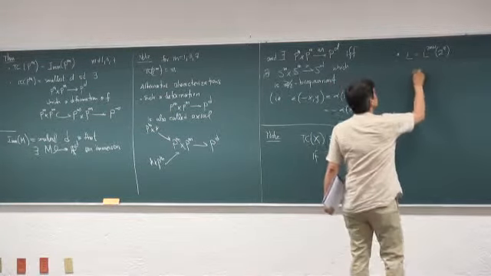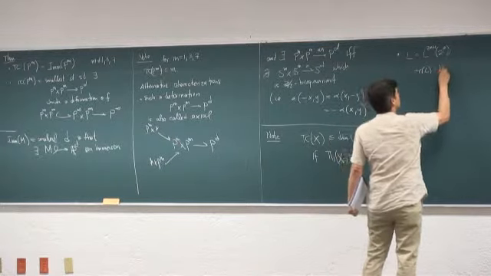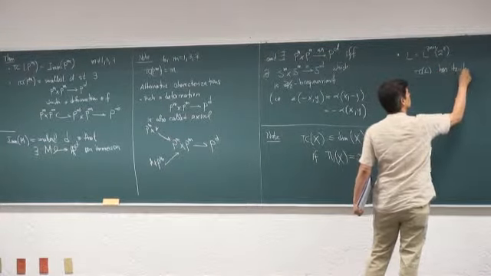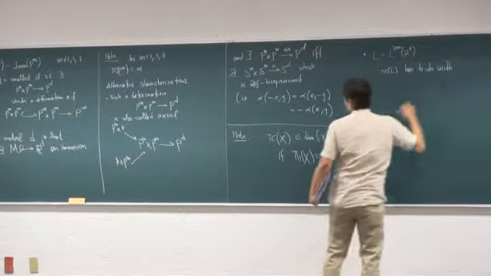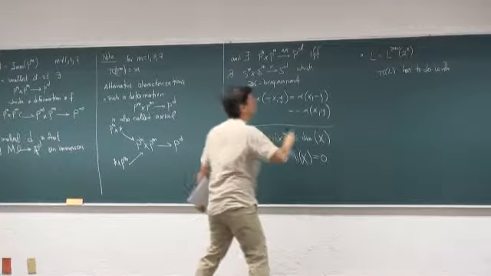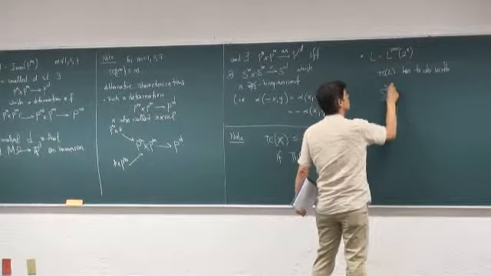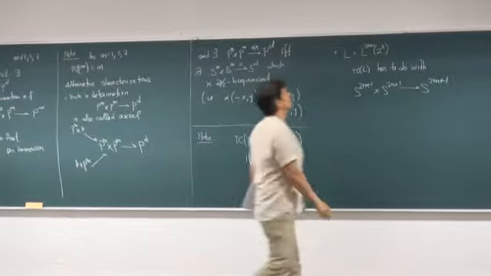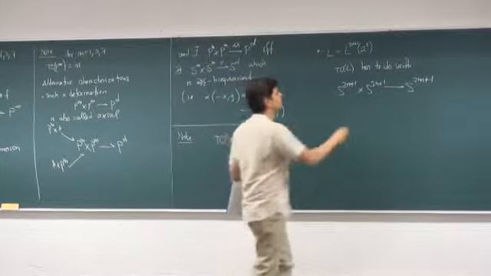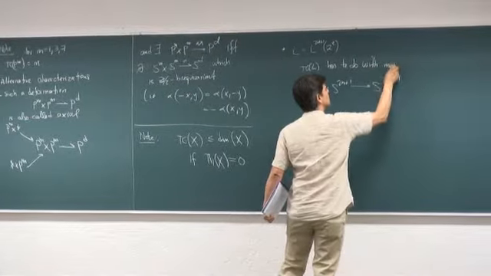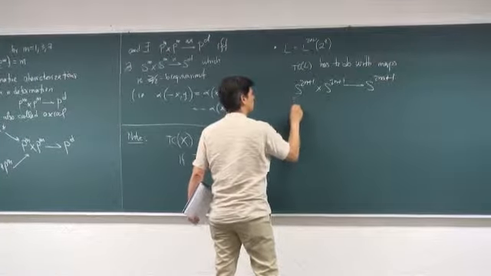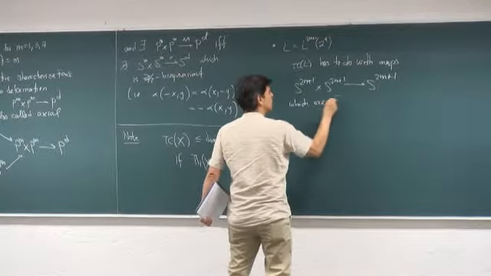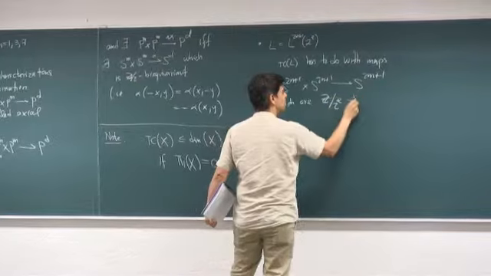Namely, the topological complexity of L has to do with having maps of this form, which are S^{2m+1} cross S^{2m+1} into S^{2m+1}, in such a way that they are Z/2^e equivariant.